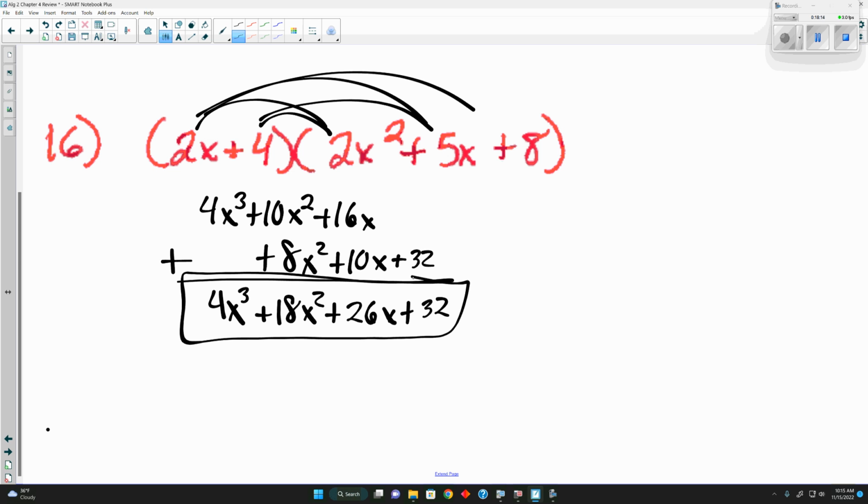So I like to put the like terms over the top of each other. Questions on this here? Questions on any of this so far? Are you ready for the next one?